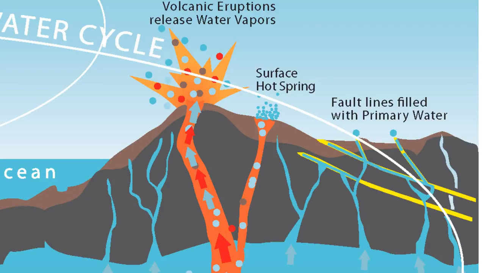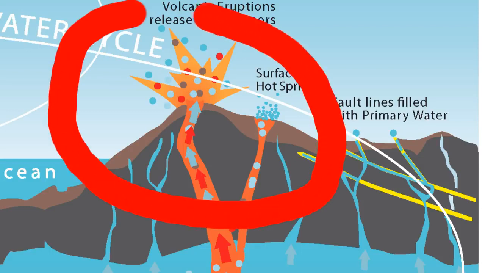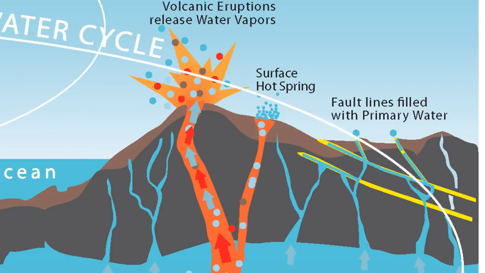Okay, so then we're moving along to the right, and we're seeing this mountaintop where there is a volcanic eruption and a release of water vapor. Could you talk about that?